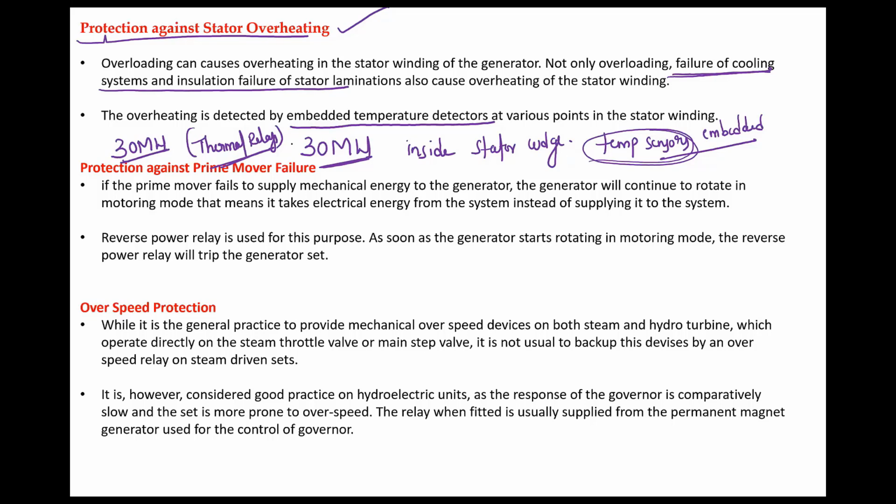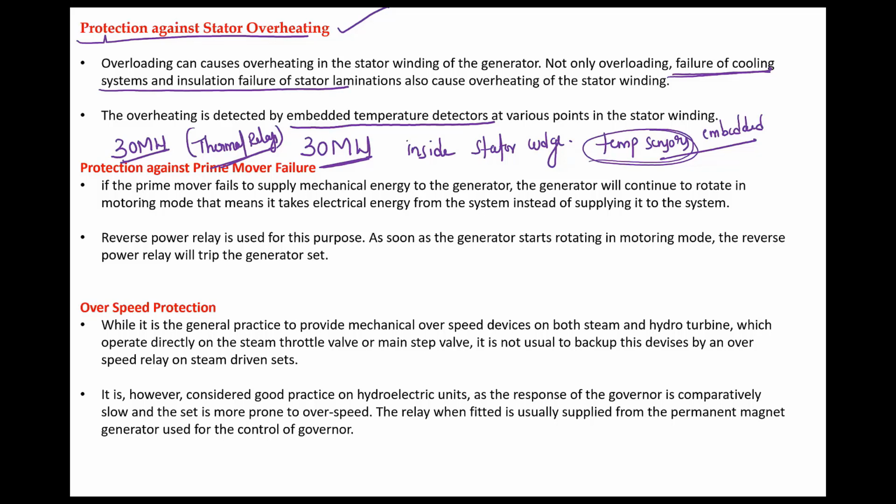The next type of fault is if the prime mover is lost. We already discussed this in stability. If the prime mover is lost, then your synchronous generator acts as a synchronous motor. Instead of supplying power to the bus bar, it will take power from the bus bar.